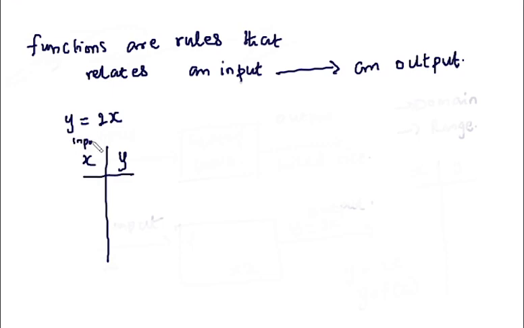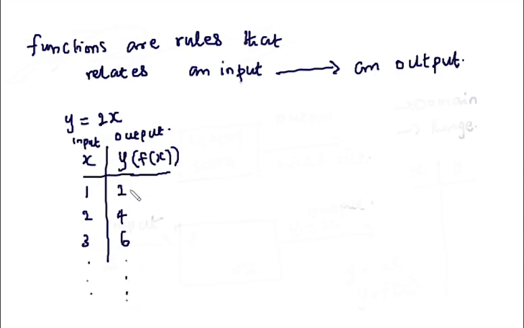So this is the input and this is the output. So if we have an input of 1, our output here will be 2. This could be said as f of x, this is the same thing as f of x. So for our input of 2, the output will be 4. Our input of 3, the output will be 6. On like that and on like that.